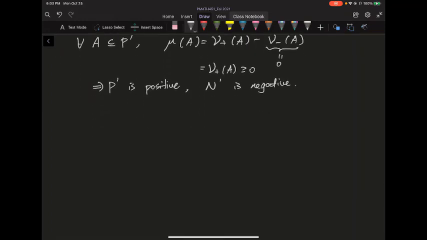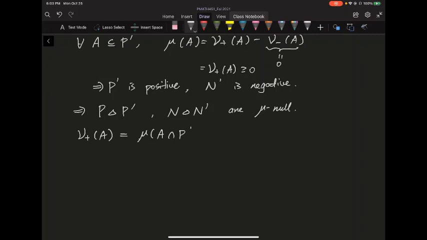So the Hahn decomposition tells you that P and P prime may not be the same, but they are really close. The set differences of P prime and P, and N and N prime, are both mu null sets. Based on that, if you consider mu plus of A, that's just going to be equal to the mu of A intersect P prime.